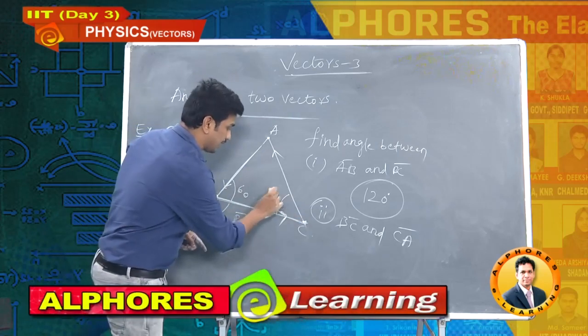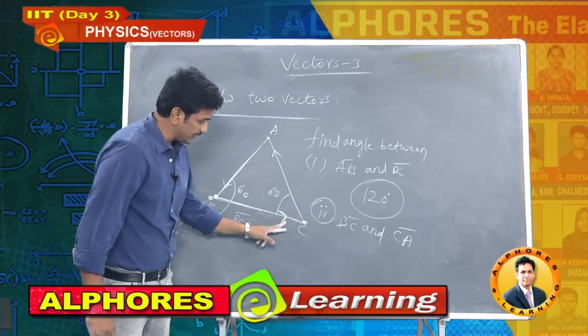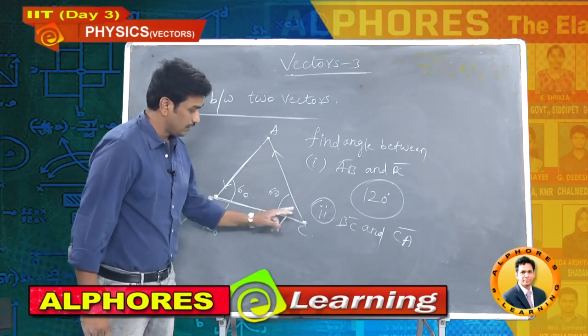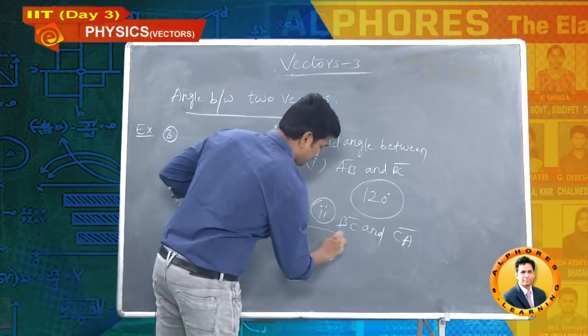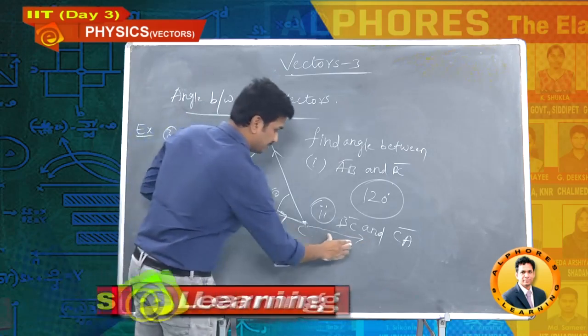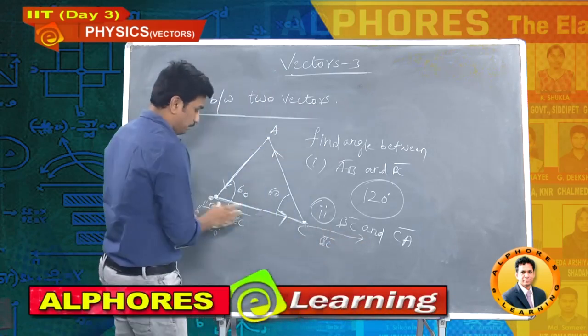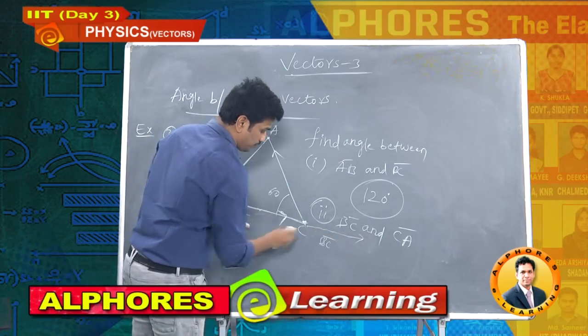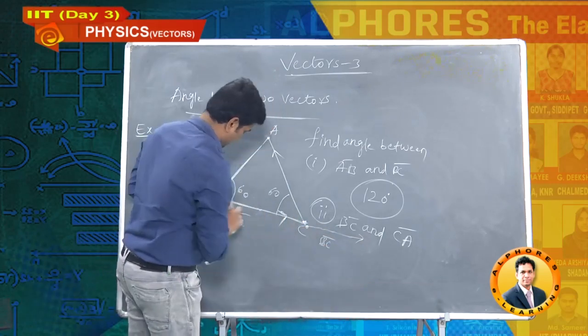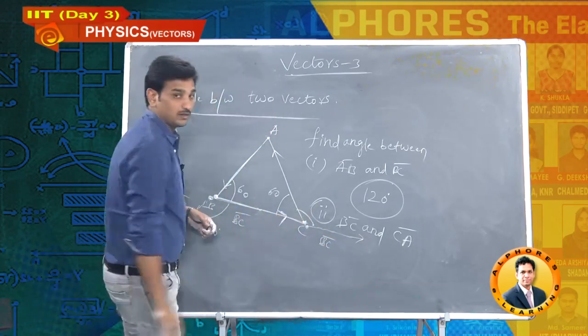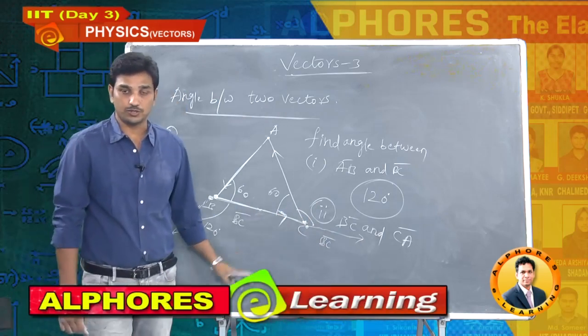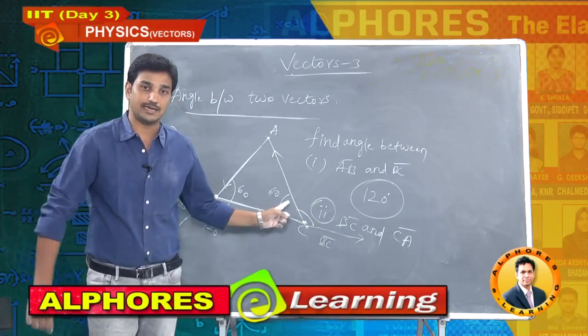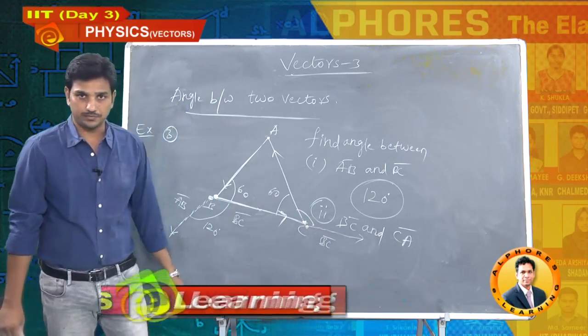This is not the angle between two vectors because head is connected with tail. Now parallel shifting. BC vector comes here. Now head goes and tail comes. Now what is the angle? 120. So in this way we should calculate the angle between any two vectors.